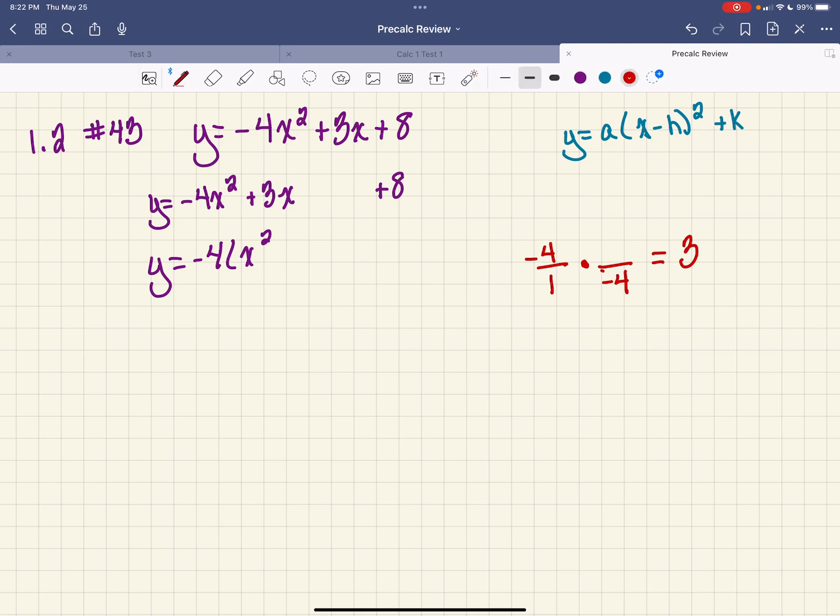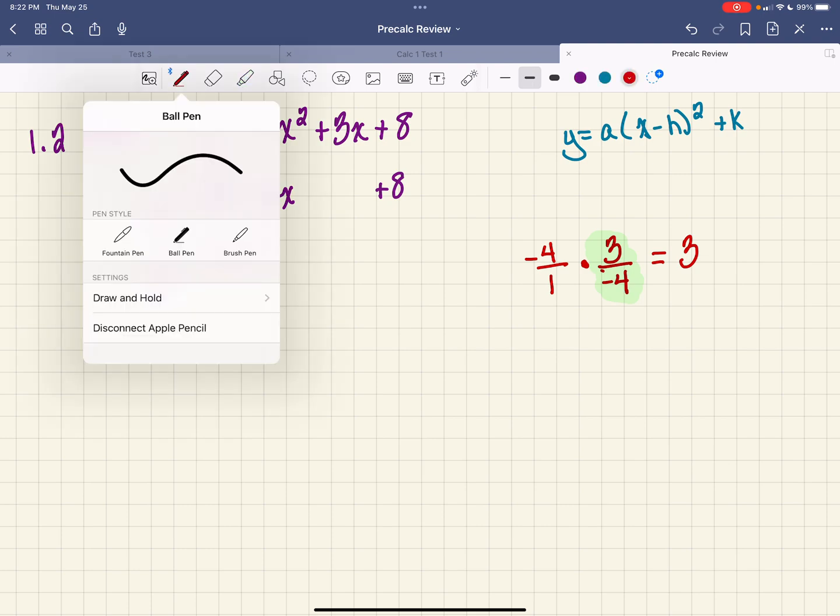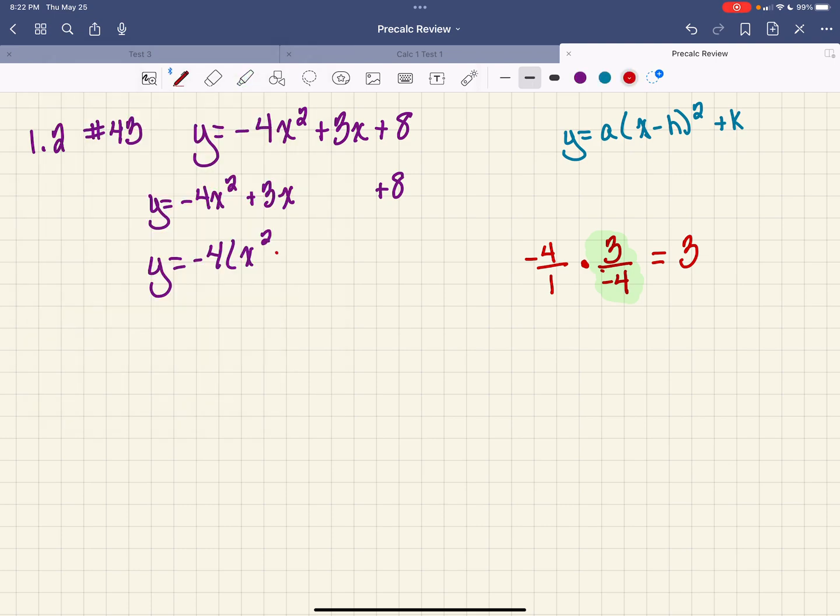Then what I'm going to have right here is 3. So this is what I get when I factor out a negative 4. I'm going to have x squared minus 3 over 4x. Okay, and then I've got my plus 8.